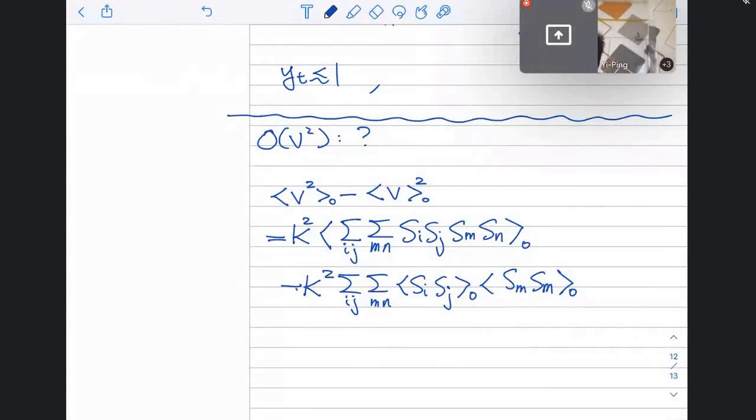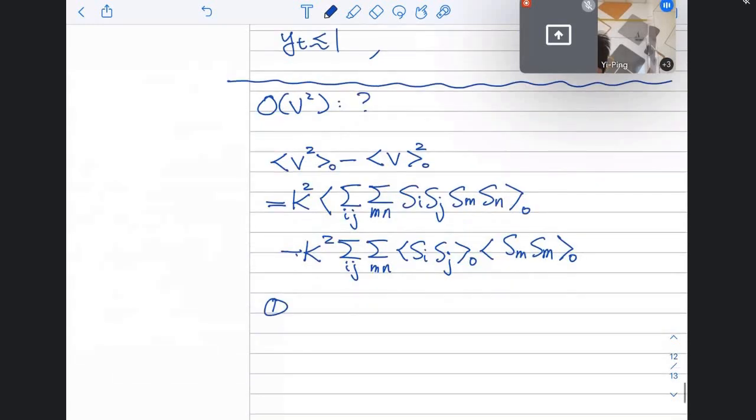Okay, so the first thing is that by the structure of V, you already know that I and J must be on different blocks. Because by definition, V couples different blocks.